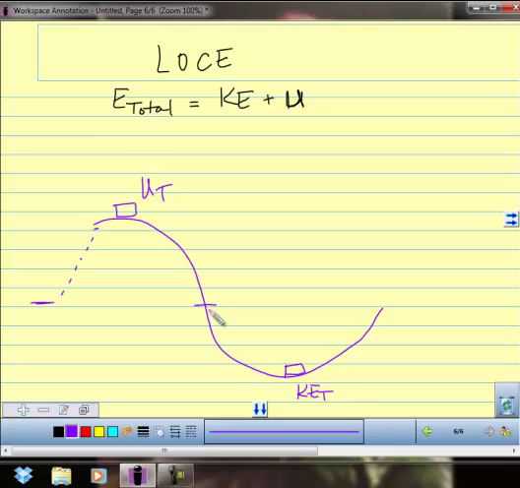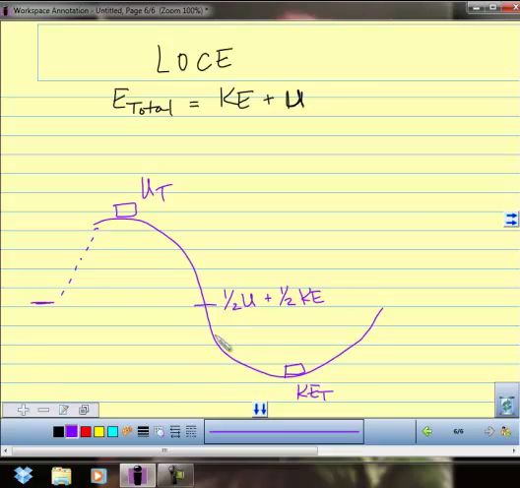Now, halfway through, obviously, we don't have our total kinetic energy because we don't have the greatest amount of velocity, which is what determines our kinetic energy. And we don't have the total amount of potential energy because we don't have that total height that we started with. And so here we have 1/2 of our potential energy plus 1/2 of our kinetic energy.